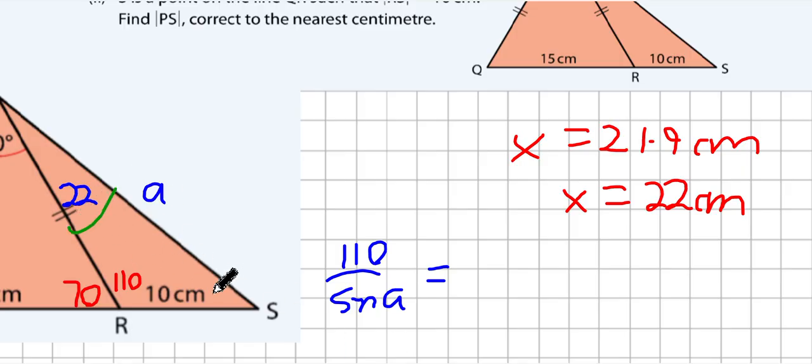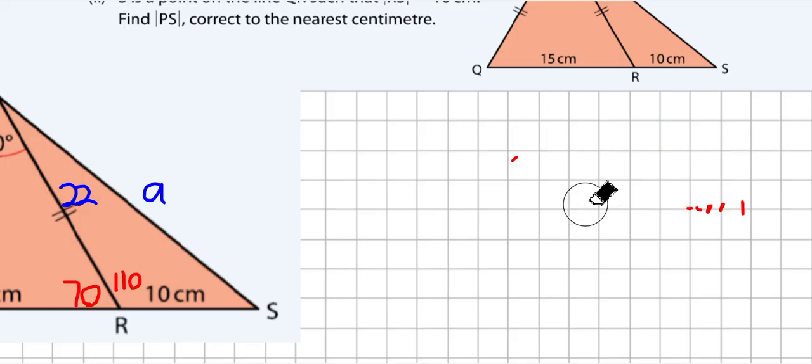The length of 22 is fighting this angle here. But what's the issue? We don't know the size of that angle. So I don't think the sine rule is going to work for us. If the sine rule doesn't work, what's option B? Cosine rule? Where would you find the cosine rule? Just in your tables, yeah?